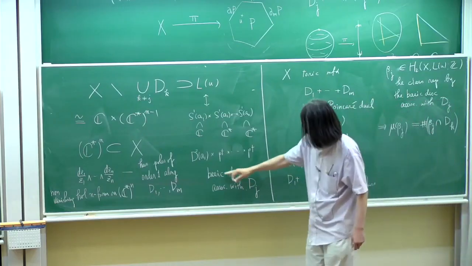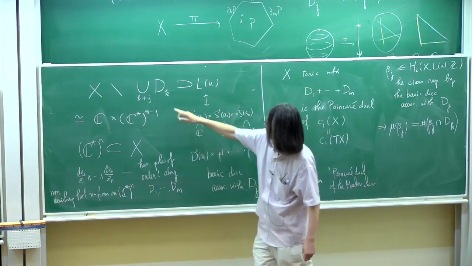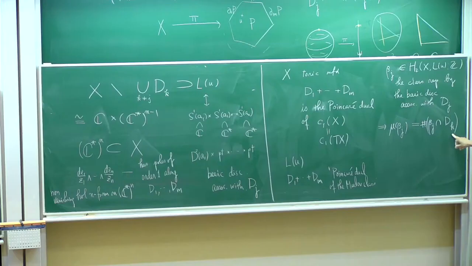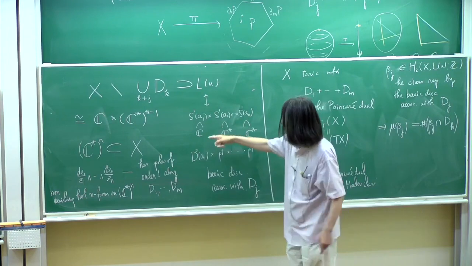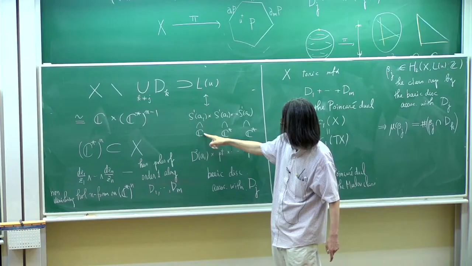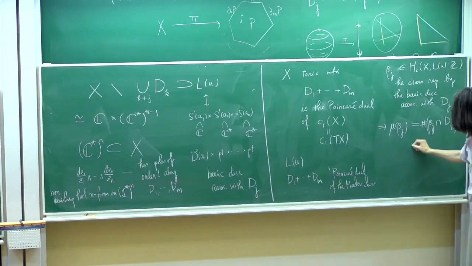You know how the disk looks, and this disk is away from the other divisors. So if j and k are distinct, this is equal to 0, and this is equal to 1 if j equals k, because this is a point, the origin, and this one is the disk. So this is equal to 1 or 0.